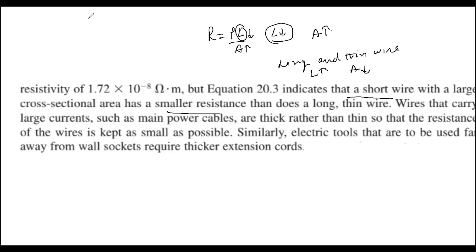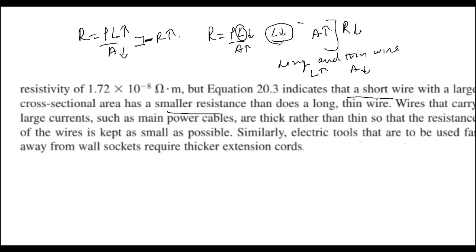So if I rewrite this formula, R is equal to rho L upon A, because it's a long wire, the length is going to be high, and the wire is thin, so the area will be small. This means that in this scenario, the resistance is going to be very, very high. However, in this scenario where length is small and area is high, the resistance is going to be very, very small.